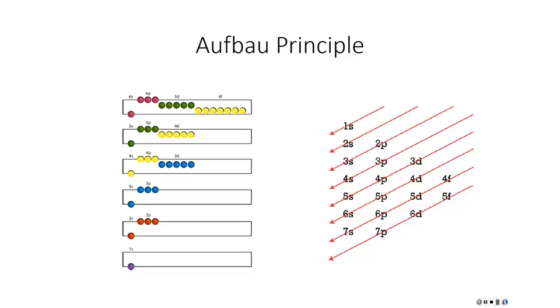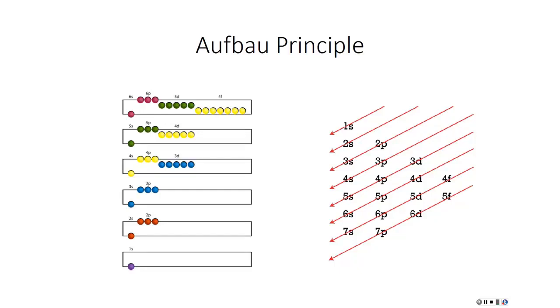Then we've got 2p6, 1, 2, 3, 4, 5, 6. Then we have 3s2, 1, 2, 3p6 is 1, 2, 3, 4, 5, 6. And then if you look after the 3p6, the next one's the 4s2 that we've been talking about.